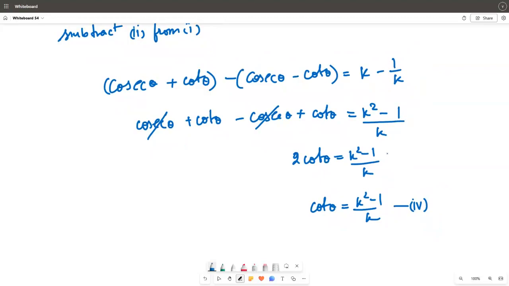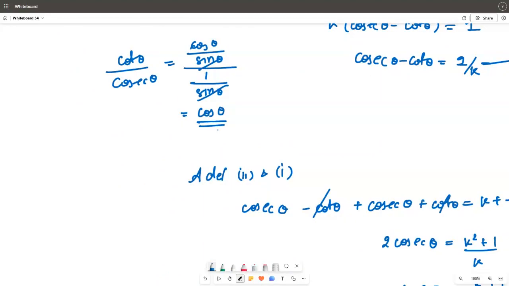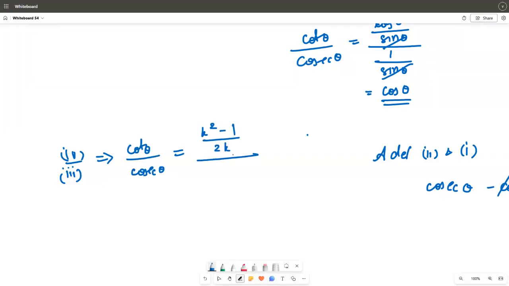Now we found both cot theta and cosecant theta separately, and to find cos theta we have to divide cot theta by cosecant theta. So let's perform the action: fourth equation by third equation. For the fourth equation we have cot theta equal to k square minus 1 by 2k, and for the third equation we have cosecant theta equal to k square plus 1 by 2k.